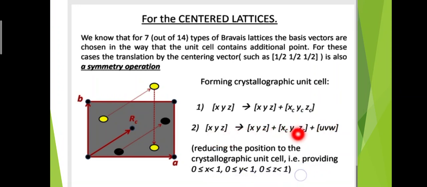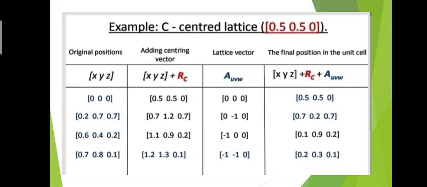Reducing the position to the crystallographic unit cell, that is providing 0 is smaller than x is smaller than 1, 0 is smaller than y is smaller than 1, and 0 is smaller than z is smaller than 1. Example: C-centered lattice 0.5, 0.5, 0.